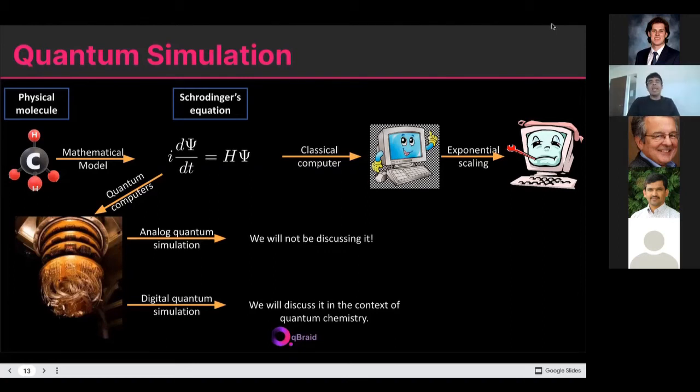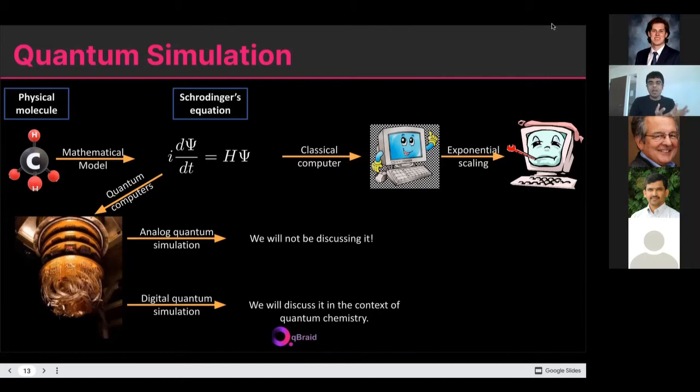Okay, and then the question is, how does quantum simulation happen? At some point, you will need to map that Schrodinger equation to your qubits, right? And this differential equation, how do you map that to something which is discrete? So this is what we'll be discussing in the rest of the talk.